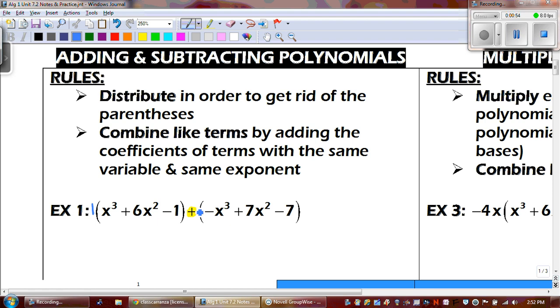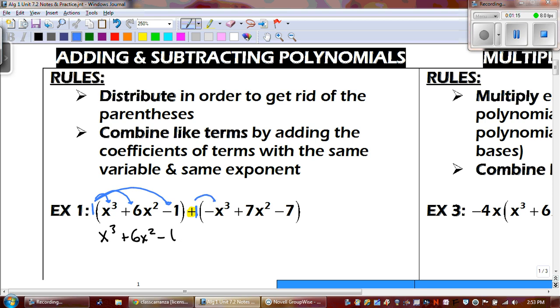If it's a positive, we multiply by a positive one. If it's negative, then we distribute a negative one. But when we distribute a positive one, it stays the same. Nothing changes. All the signs stay the same.